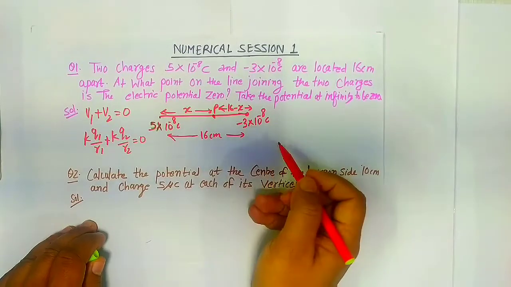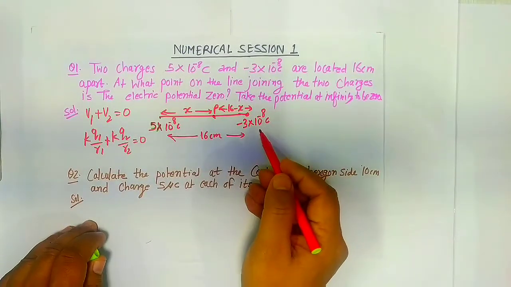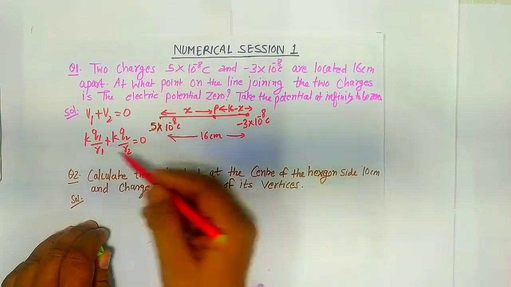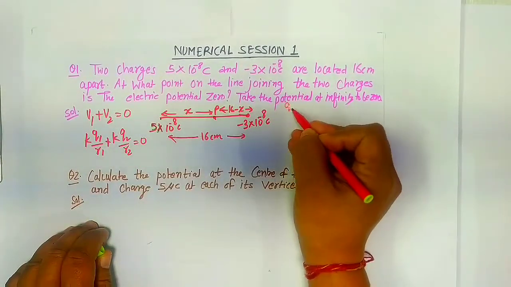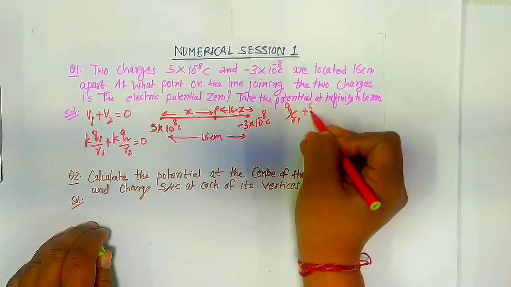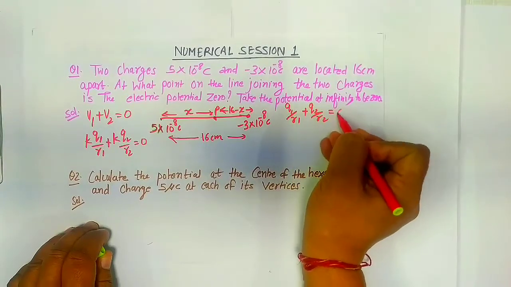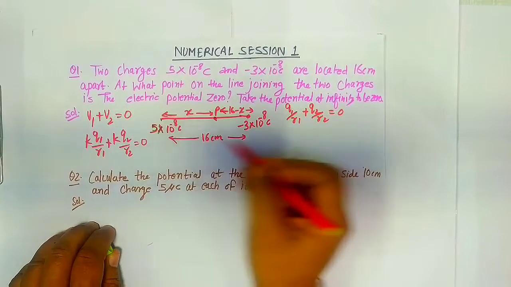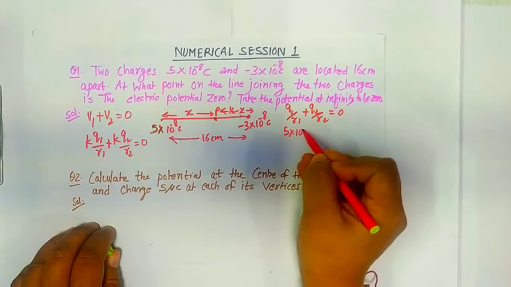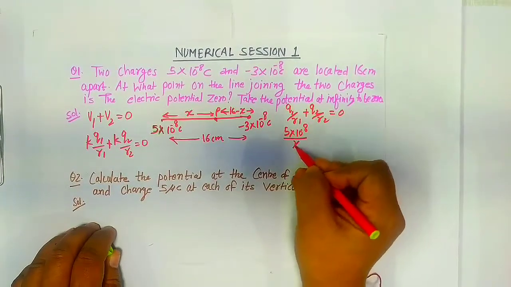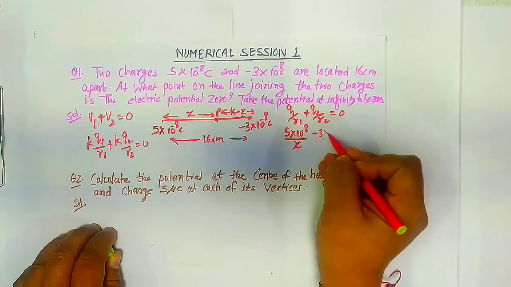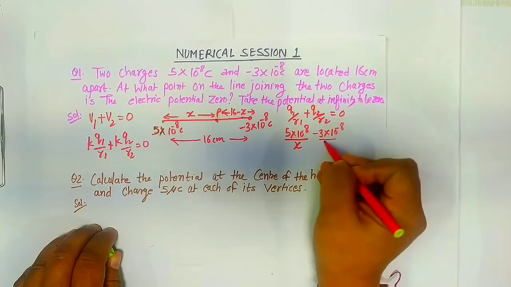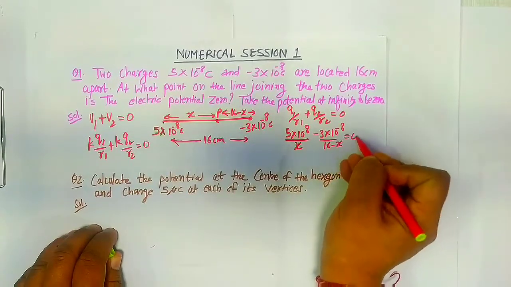It is K Q1 by R1 plus K Q2 by R2 equal to 0. Now Q2 is basically the negative one, and K will cancel, so we can write Q1 by R1 plus Q2 by R2 equal to 0. Q1 is 5 into 10 to the power minus 8 upon x, and Q2 is minus 3 into 10 to the power minus 8 upon 16 minus x, equal to 0.